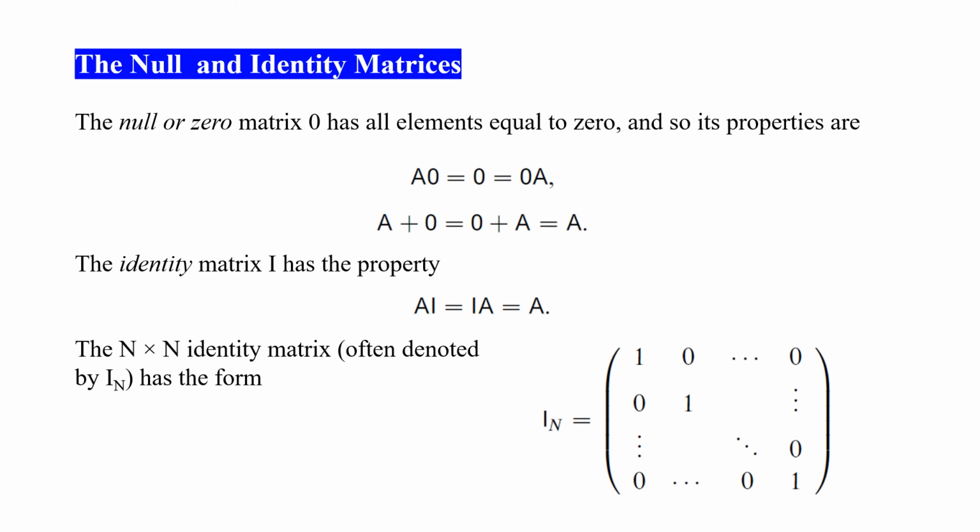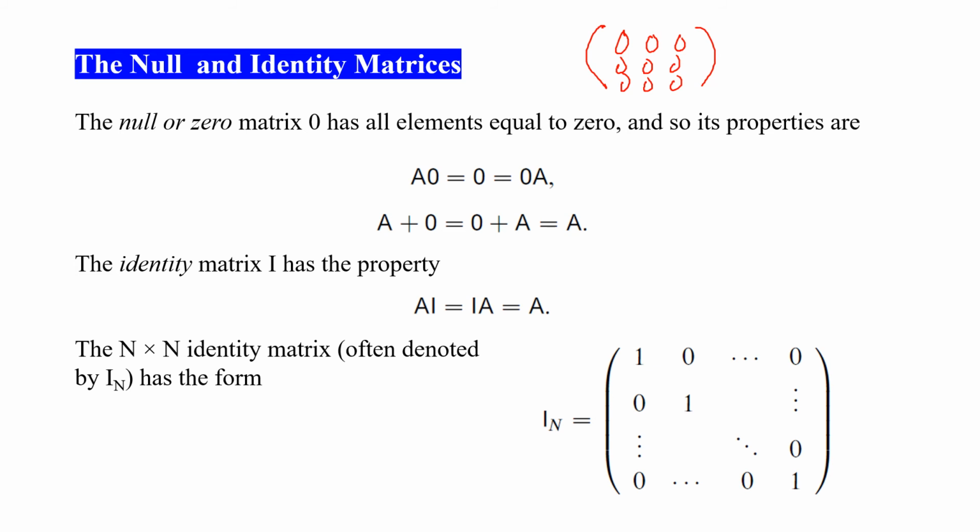The null or zero matrix, 0, has all its elements equal to 0. For example, you can write your null matrix like this: 0, 0, 0, 0, 0, 0, 0, 0, 0. This is a 3 by 3 null matrix, so all the elements are equal to 0.